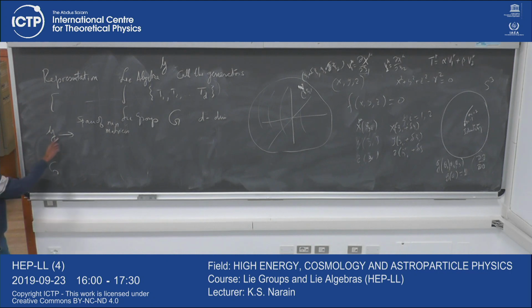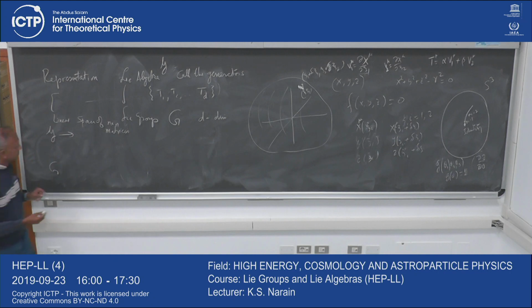First of all, the important point is that this should be a linear map for the Lie algebra. For the group you cannot talk about a linear map, because in the group there is no linear structure. But the Lie algebra is a vector space, so there is a vector space structure. So the statement is that this map should be linear.